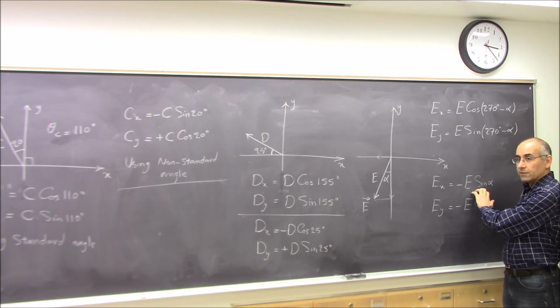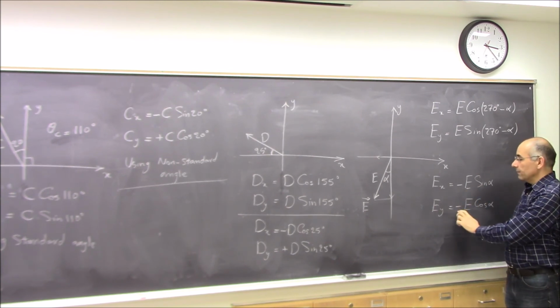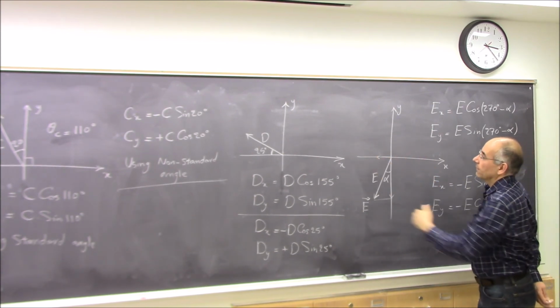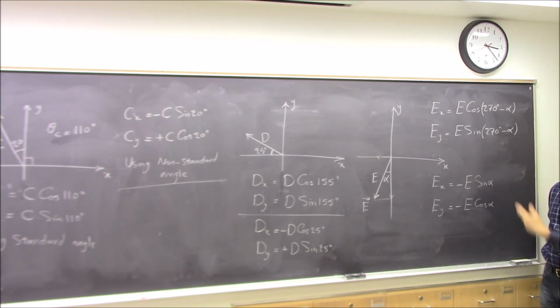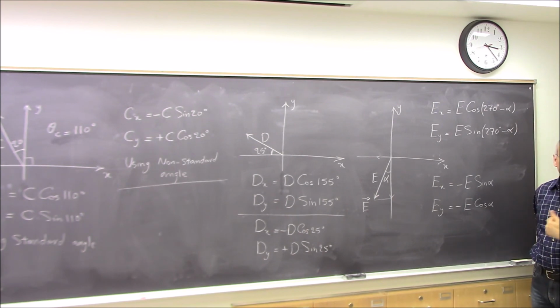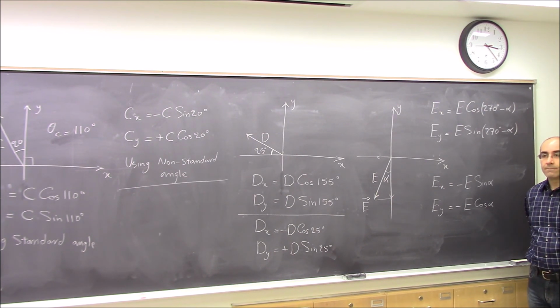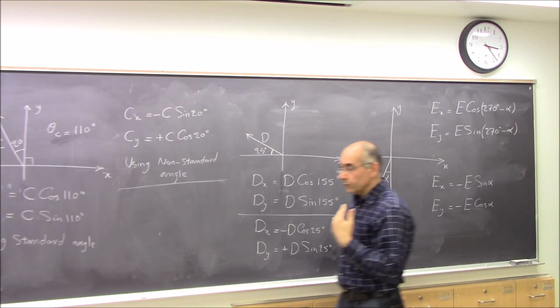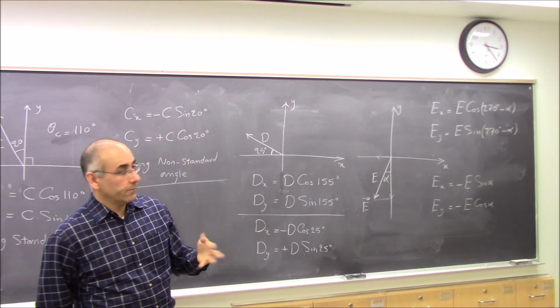If it is not adjacent, you use sine. And look at the coordinate axis: if the component is in the opposite direction of the axis, you put a negative sign by hand. In this case, both of them are. You're going to use this a lot, especially with Newton's laws.